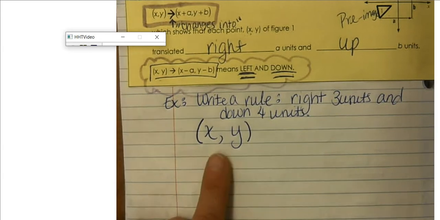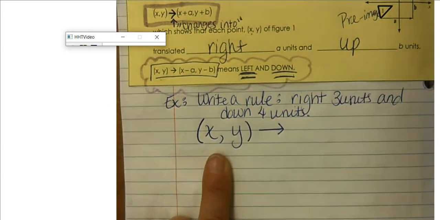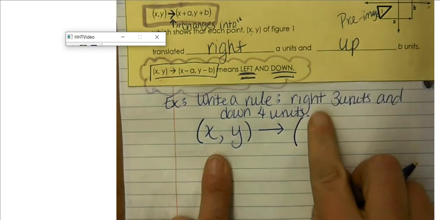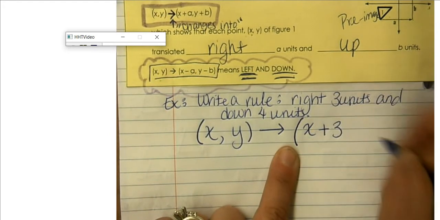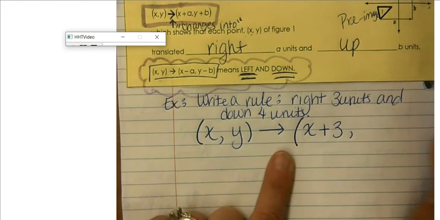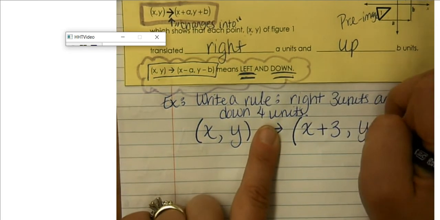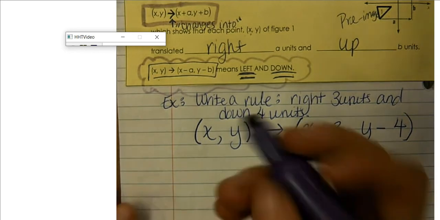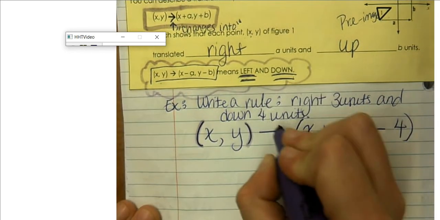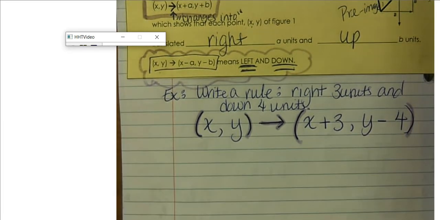This is always the first thing that we write down. Then it changes into, if I'm going to the right, that means all values of X will be increased by 3, so add 3, comma, down 4. Down means minus, so all values of Y will be subtracted by 4, and this is your rule. And your answer.